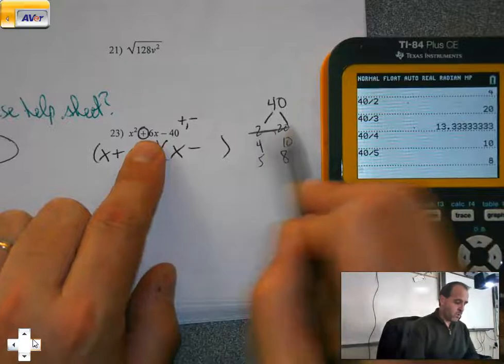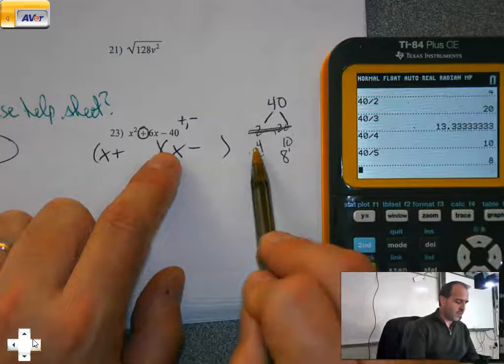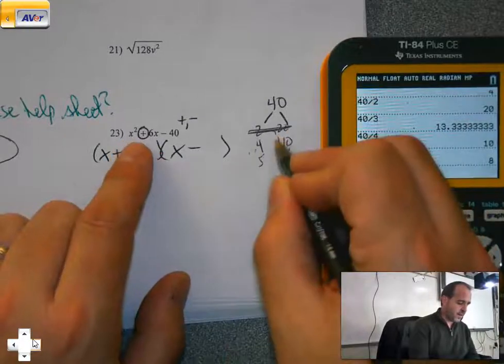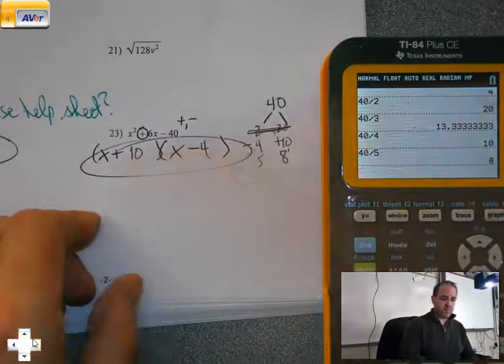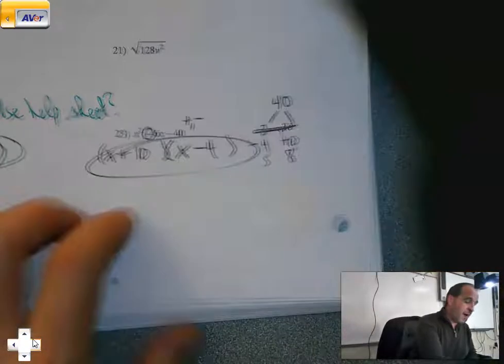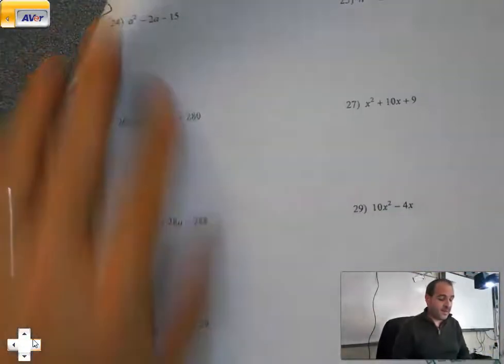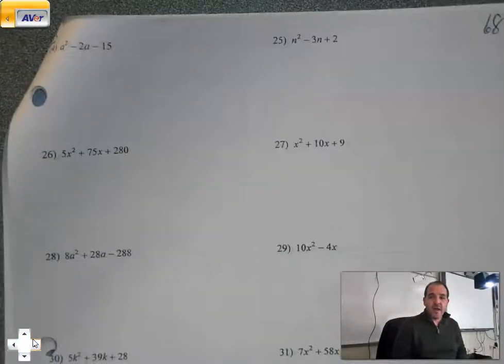No. What about 4 and 10? Ooh. 10 minus 4 is 6. Bigger number's positive. I get my answer. Again, practice is what's going to make perfect on this stuff. I ain't kidding. Okay, I've already done 2 of those now, so I'm skipping 25.